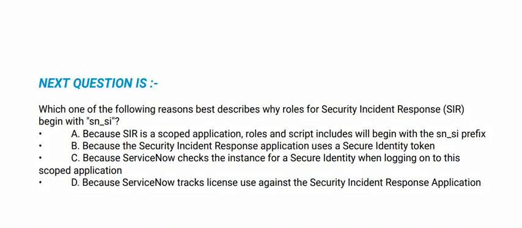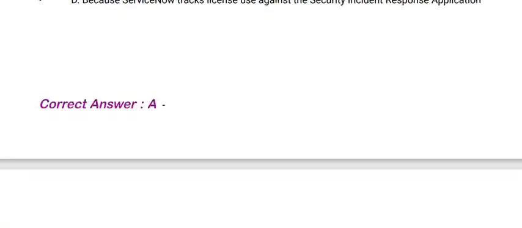Option B, because the security incident response application uses a secure identity token. Option C, because ServiceNow checks the instance for a secure identity when logging onto this scoped application. And option D, because ServiceNow tracks license use against the security incident response application. The correct option is option A.